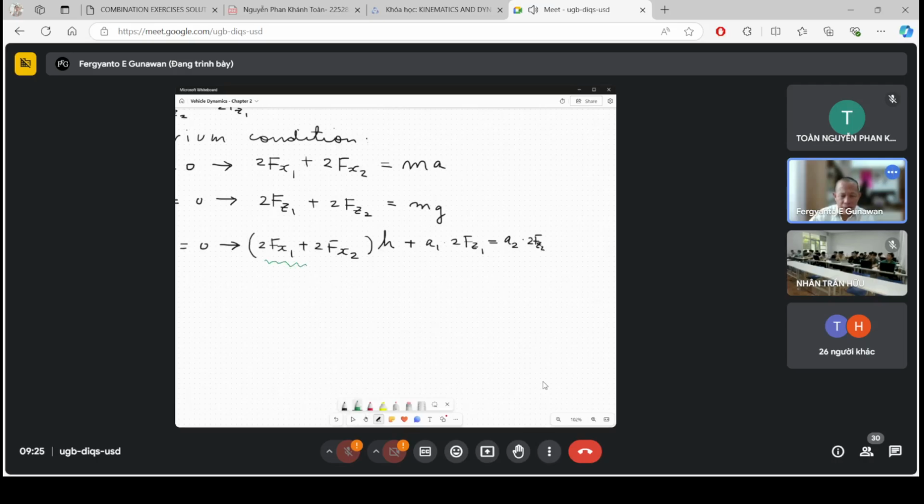As you can see, this part is actually the same as this equation, and essentially it is ma, as you can see up here. So I can rearrange this and make it much simpler: I can write it as 2 Fz1 a1 minus 2 Fz2 a2.